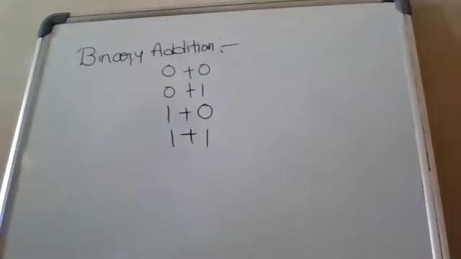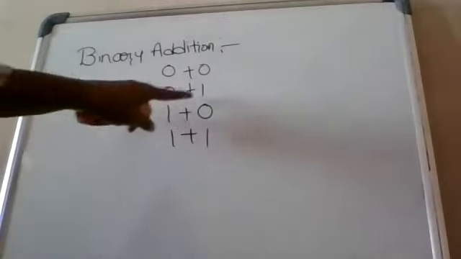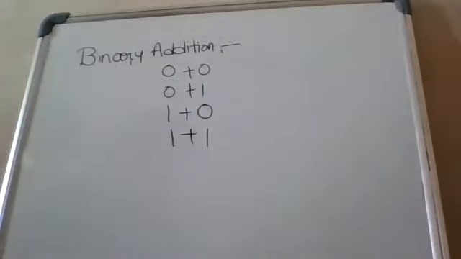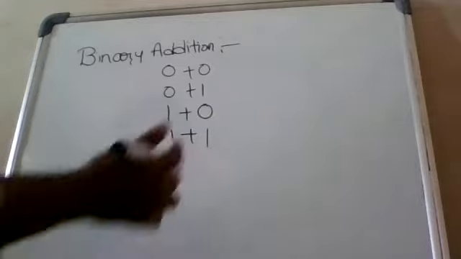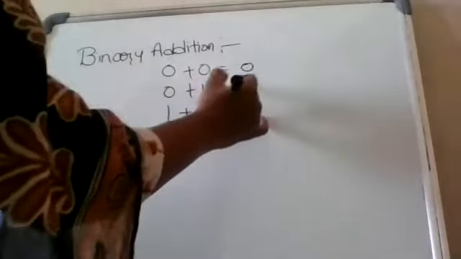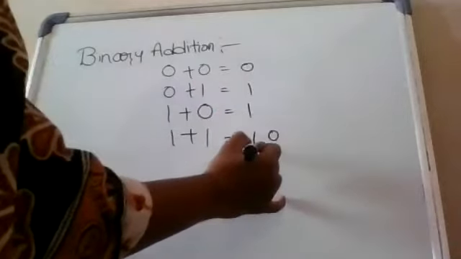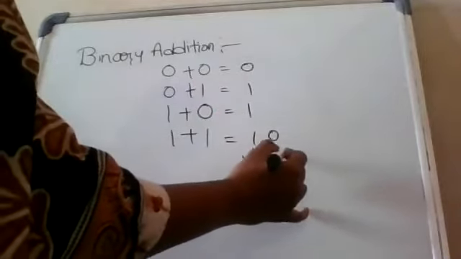So 0 plus 0 equals 0, 0 plus 1 equals 1, 1 plus 0 equals 1. In 1 plus 1, we write 0 and 1 is the carry.